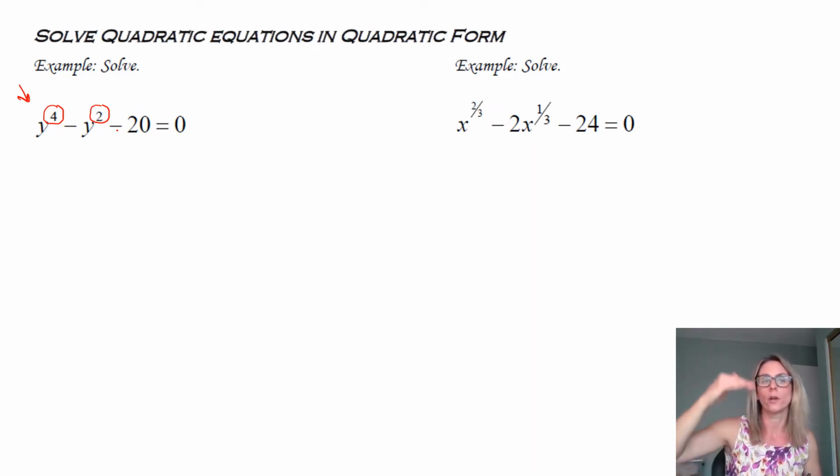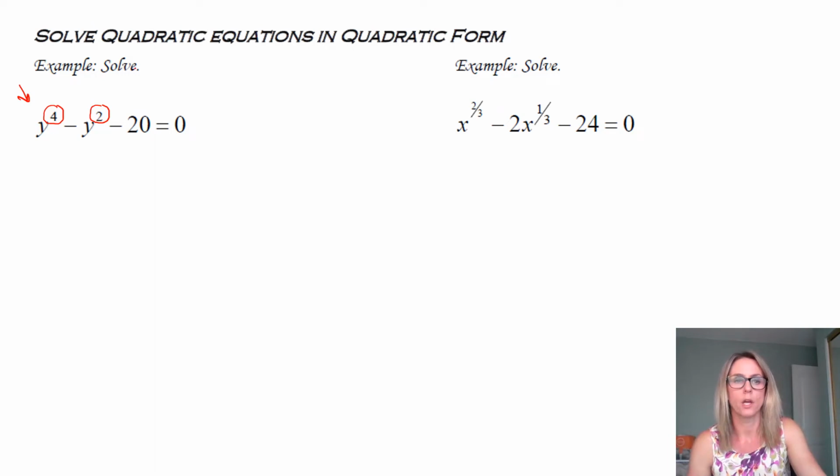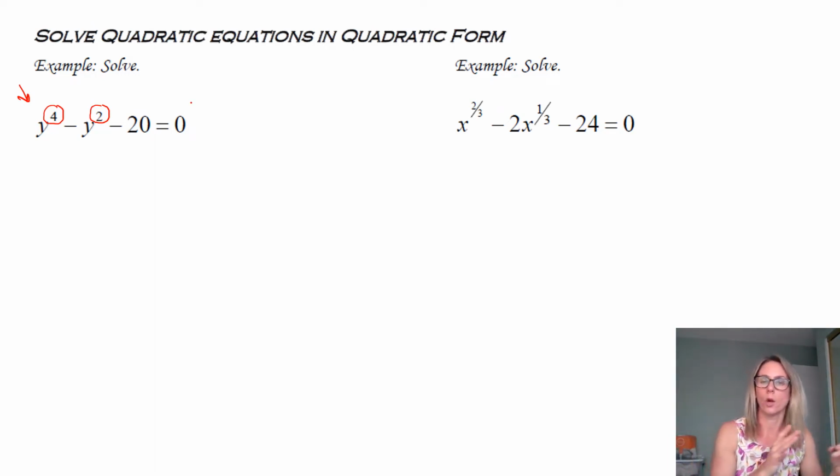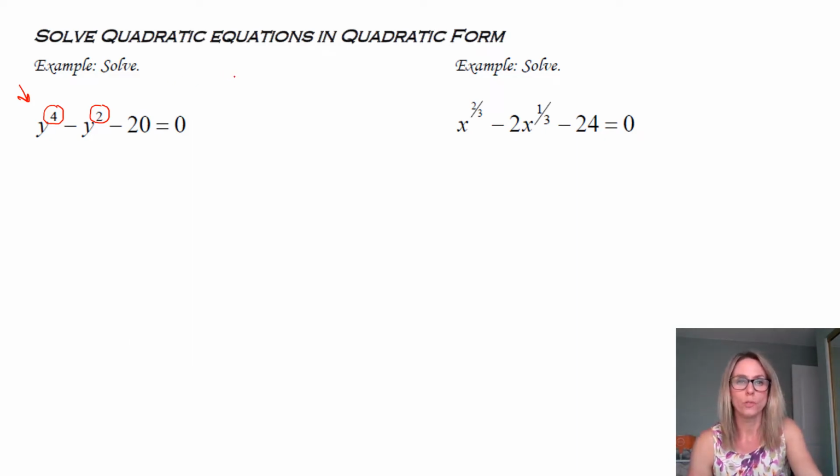So y squared squared is y to the fourth. Because of that, you can write this in a quadratic way. You can either just see it, or one thing that is common is to use a substitution. And if you want to do that, you would choose your thing to substitute as, I'll make it u.